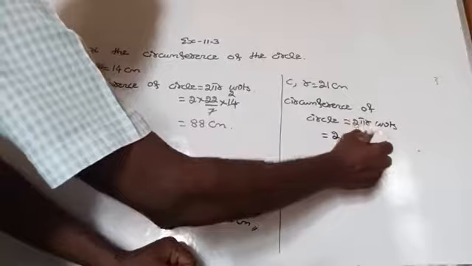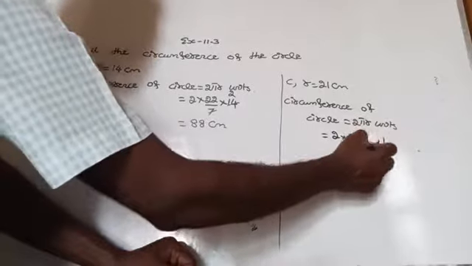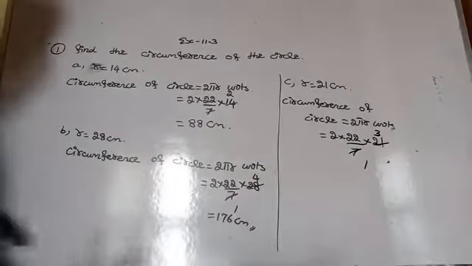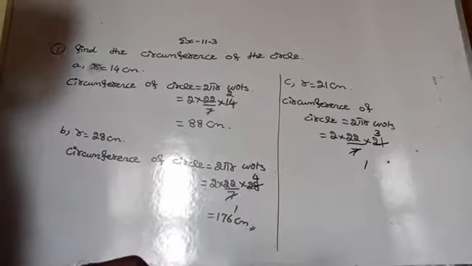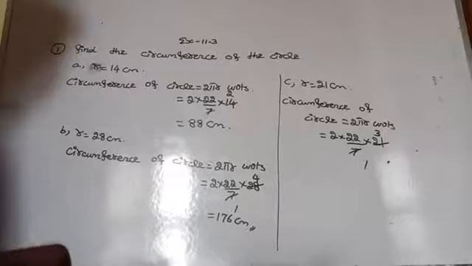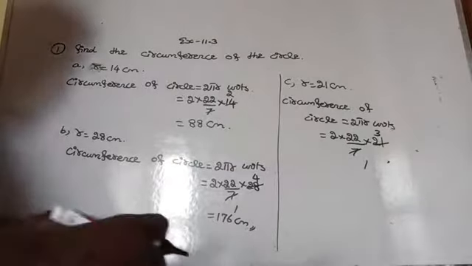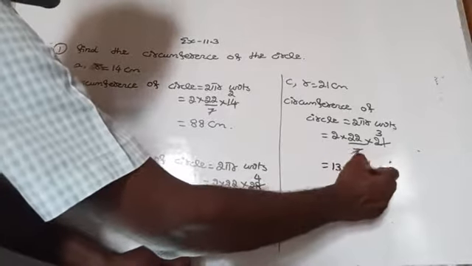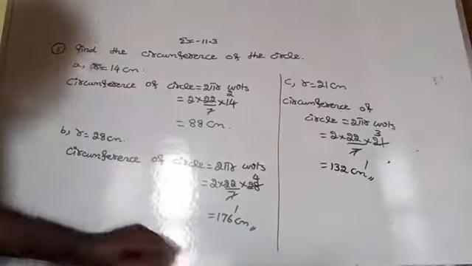The radius is given as 21. So 7 3s are 21. 22 into 3 is 66, 66 into 2 is 132 centimeter. Are you getting it? Yes.